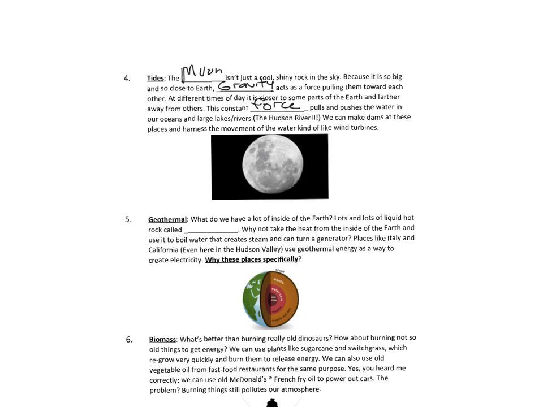Now, the idea here is that this constant and reliable flow of huge amounts of water back and forth due to the moon's gravitational pull on us and our gravitational pull on the moon, right, we can make basically upside down wind turbines that we stick underwater, and as that water moves back and forth, it spins those turbines.